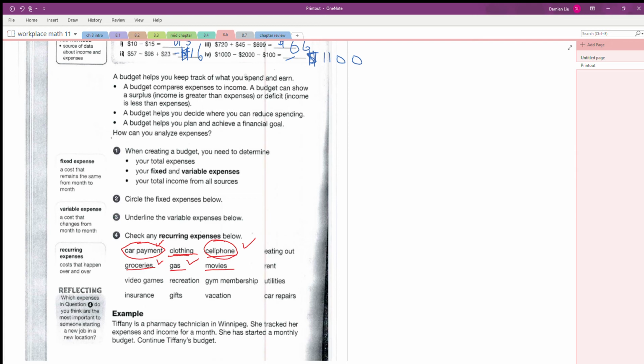Video games, let's see here. So I imagine that's playing new video games. That would be a variable expense. Recreation, typically recreation is a recurring expense, and it is also a fixed expense. Okay. So I'm thinking gym memberships, I guess, but maybe not.